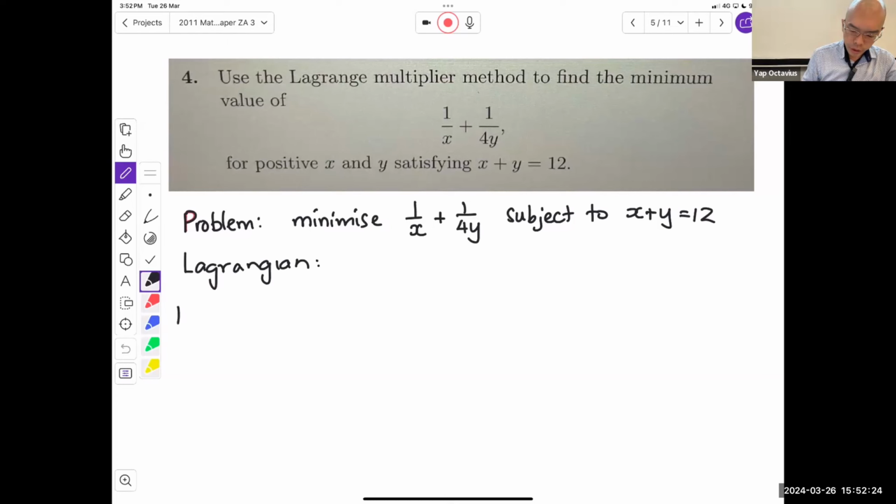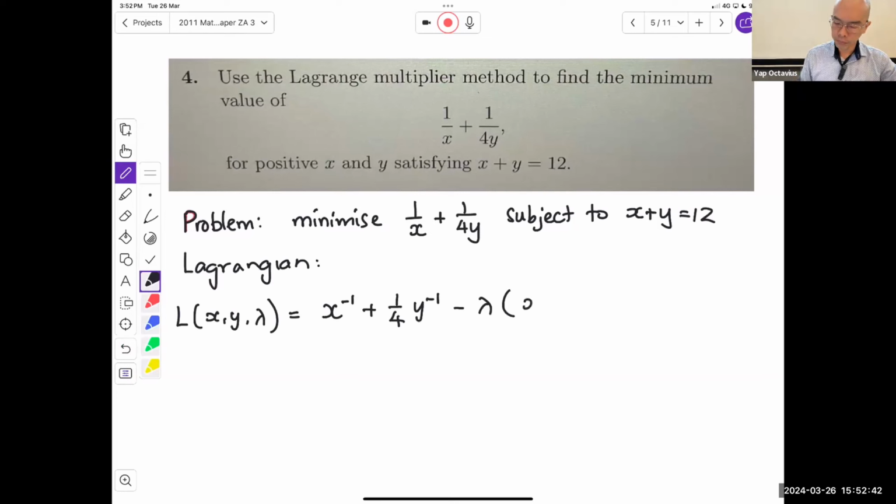Now the Lagrangian, you give it a name, so L of x, y, lambda. Now I want you to write it this way, can? So that you can differentiate it easier. Do it like that. So that's a Lagrangian, and then we differentiate.